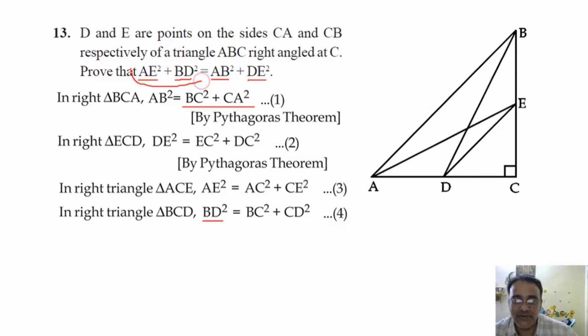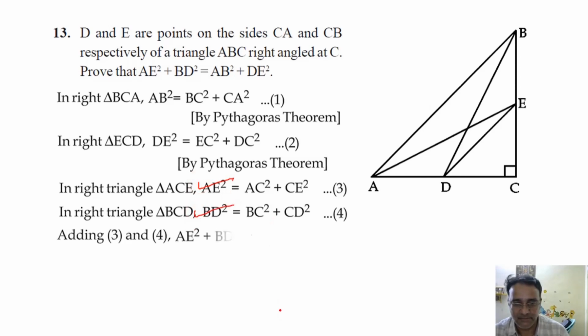Now we are going to take the left hand side, that is AE square plus BD square. ध्यान से देखो, AE square plus BD square. We will add these two. So what we are going to get? AC square plus CE square, BC square plus CD square. Right? Now we will make pairs of these.